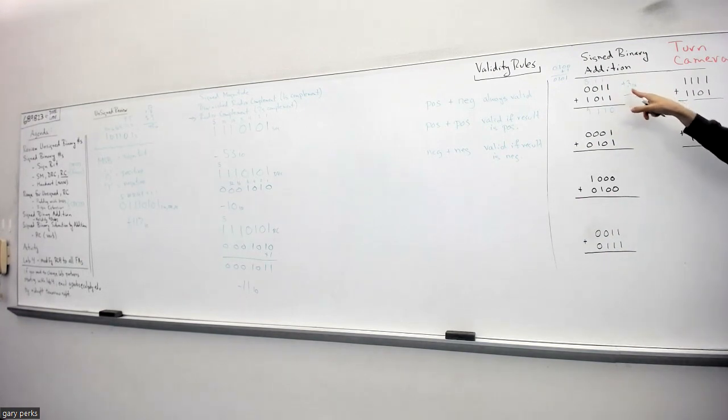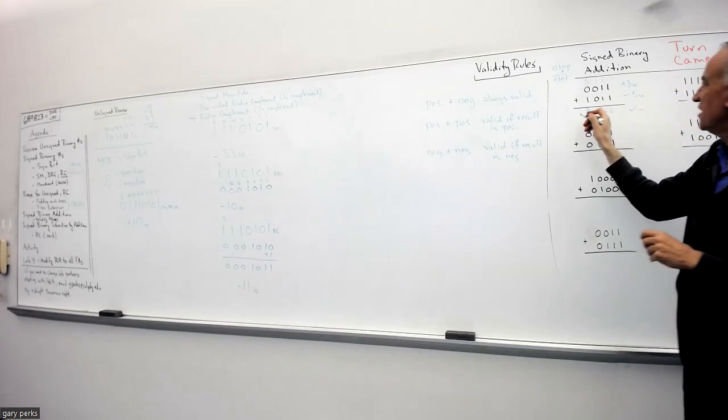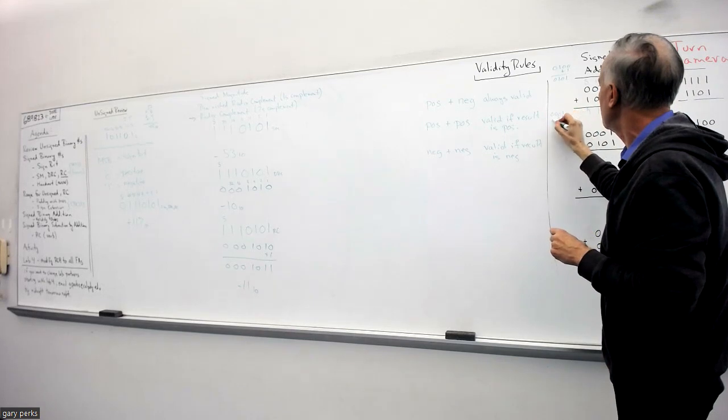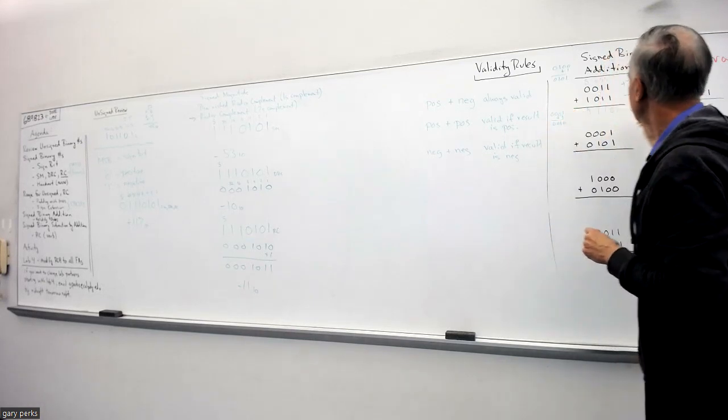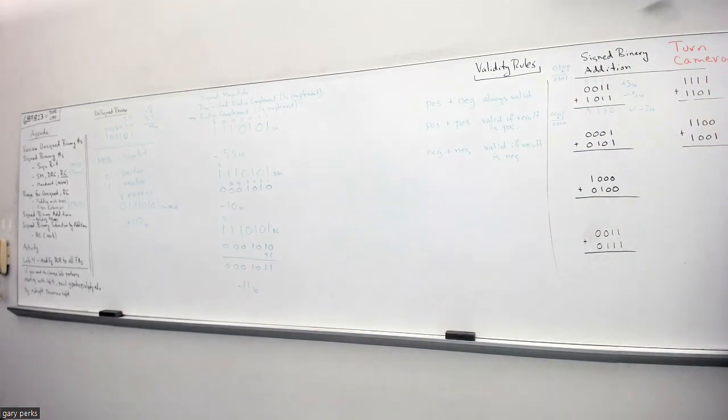So I'm adding plus 3 to minus 5. Obviously, I should get minus 2. Do you agree that this is minus 2 in two's complement? The sign bit is 1, which means it's negative. If I take 1110 and flip it, I get 0001, and then add 1, 0010. That's minus 2 in base 10.